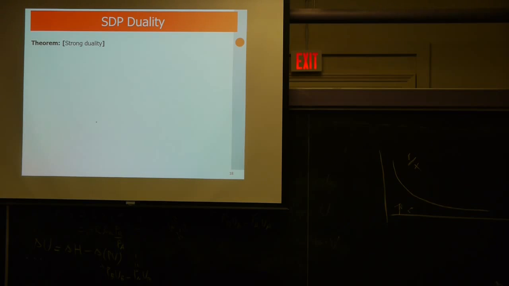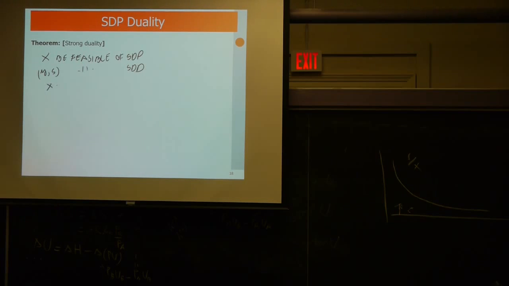So we have the strong duality theorem still, which says that: let x be feasible for the SDP, and y, s feasible for the dual.